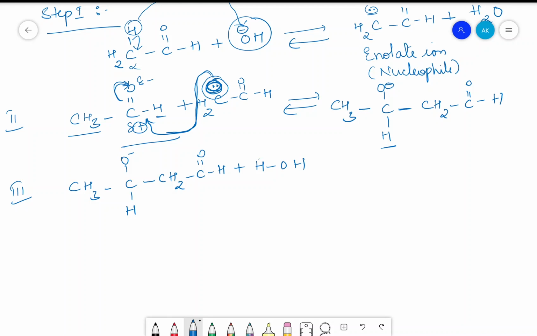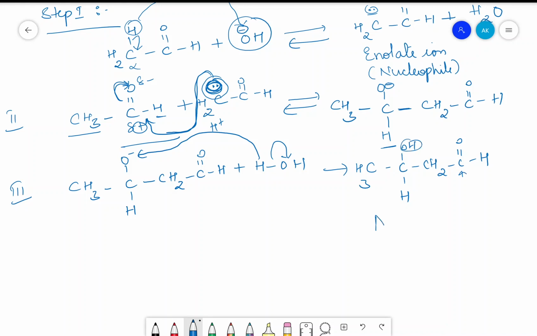Here hydrogen or proton is supplied in the form of H plus, and this bond is shifting towards oxygen. So finally we are going to get CH3 COH H, CH2 C double bond OH. This is your aldehyde and this is your alcohol. We are going to get an aldol condensed product.